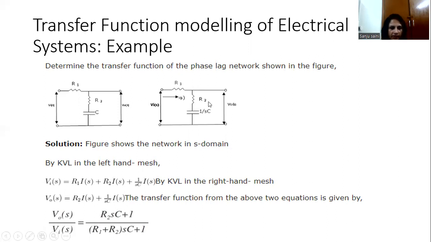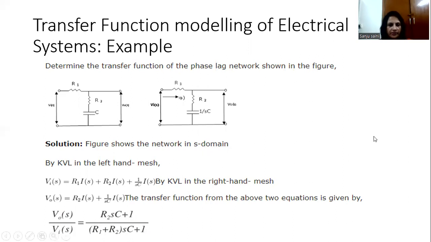Then we apply it to this loop to get V_o(s) equal to R2 I(s) plus 1/(sC) I(s), just within this loop. Then from these two loops, when we divide this equation by this equation, we get V_o(s) divided by V_i(s) equal to this. So this is the transfer function of the phase lag network. This is the way we get the transfer function modeling of the system.